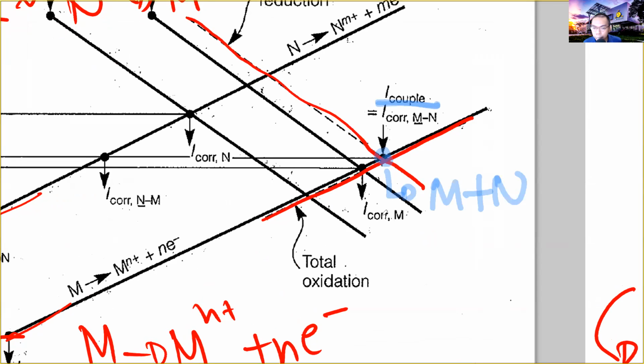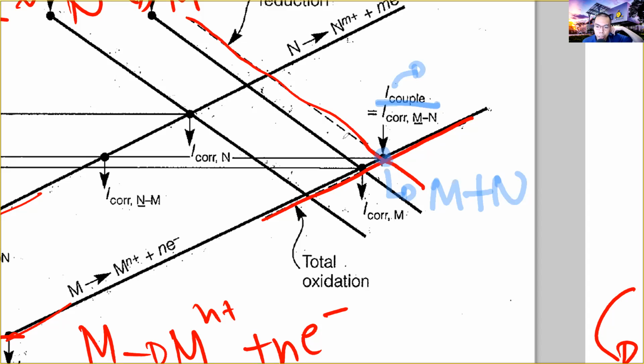But in galvanic corrosion, this information tells us the corrosion rate for both of the metals. Since kinukuha na yung I, or, so notice here, capital I na siya, this is now current. So usually pag coupled yung systems natin, hindi natin ginagamit yung current density, we now consider yung current na mismo, since pwedeng magkaiba yung surface area ng metals natin.